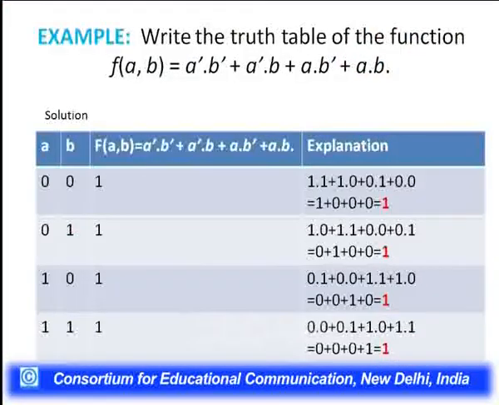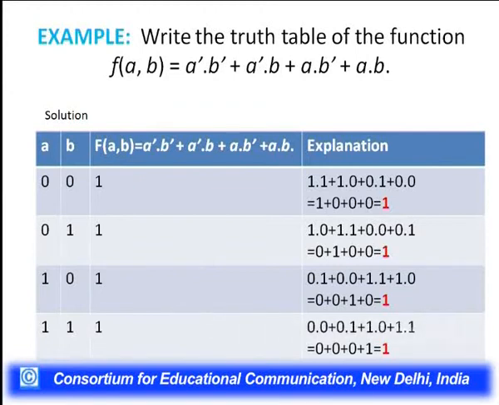A and b are 0 0. So put the value of a 0 and b 0 in the above expression a' dot b' plus a' dot b plus a dot b' plus a dot b. Let us see the explanation. A is 0, so complement of a is 1.